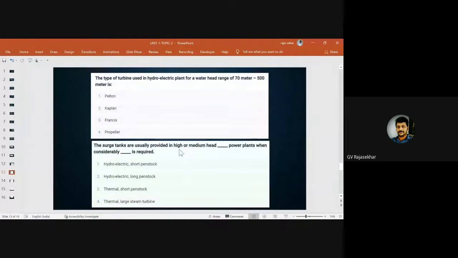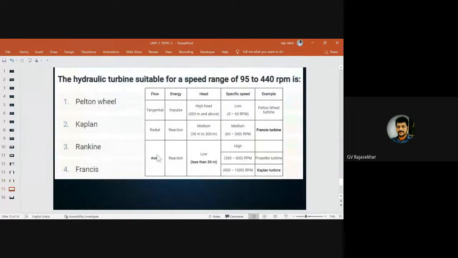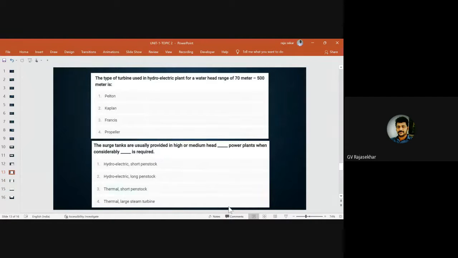And the second is, surge tanks are usually provided for high or medium head power plants when considerably is required. This is the second objective question. So 6 objective questions are there which we are going to discuss.